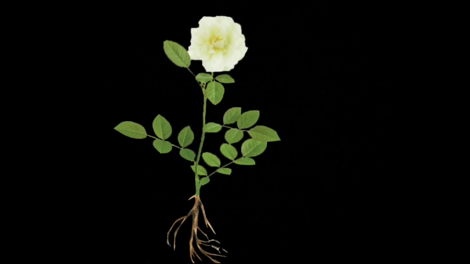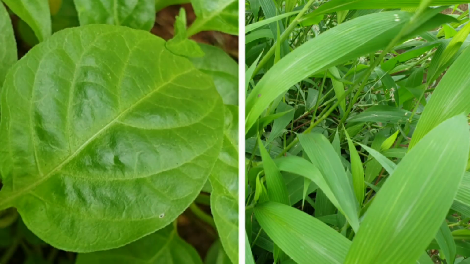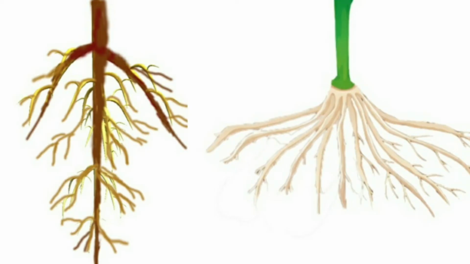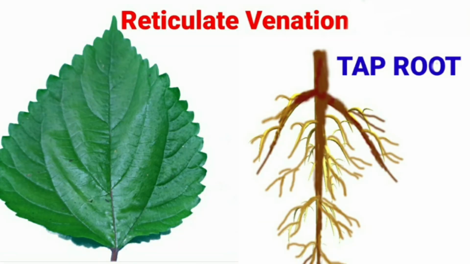Children, how do you identify the root system of a plant without pulling it out of soil? By looking at the venation of the leaves, we can identify the root system of plant. Plants with leaves having parallel venation have fibrous root, and leaves having reticulate venation have taproot.